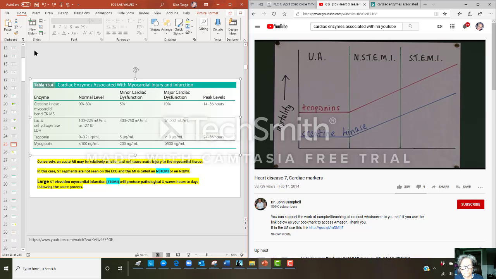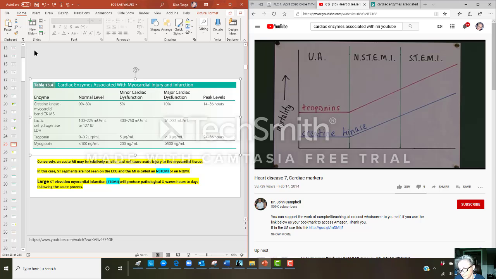But during depolarization, there's increased levels of calcium, and the increased levels of intracellular calcium inhibit the troponins, allowing cross-bridging between the actin and the myosin, and therefore cardiac contraction.